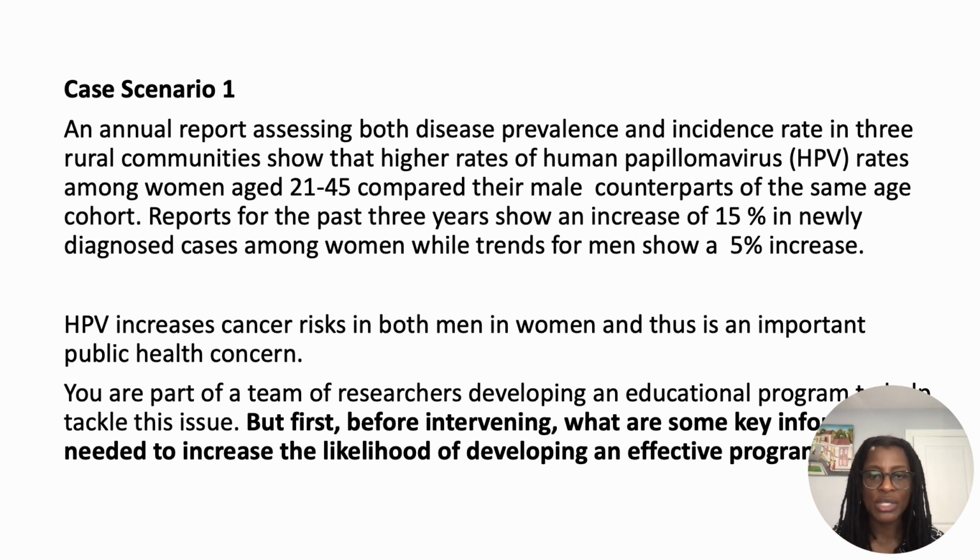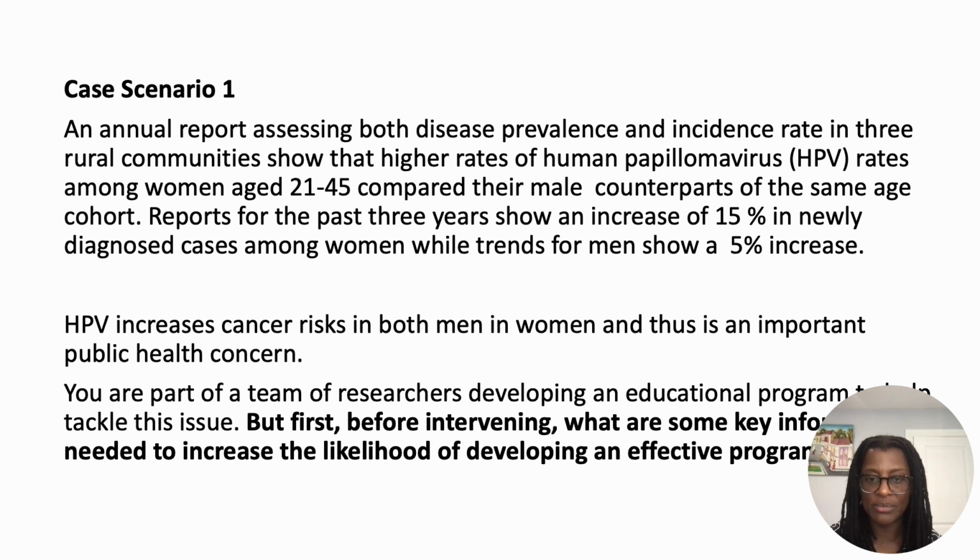So essentially, before you intervene, you need to know more about the interactive factors that are associated with your target behavior. In this case scenario, it's HPV vaccination. How would you think about some key information you would need to increase the likelihood of intervening effectively?